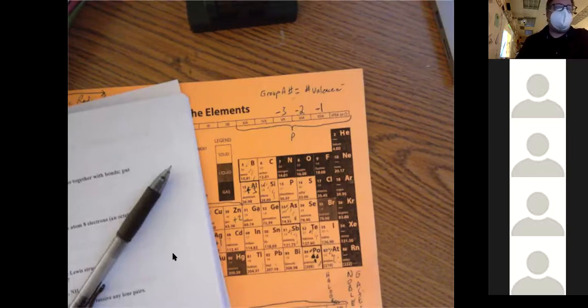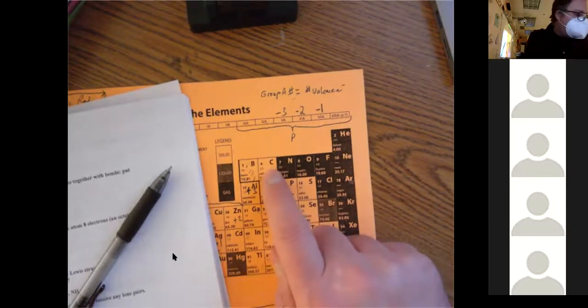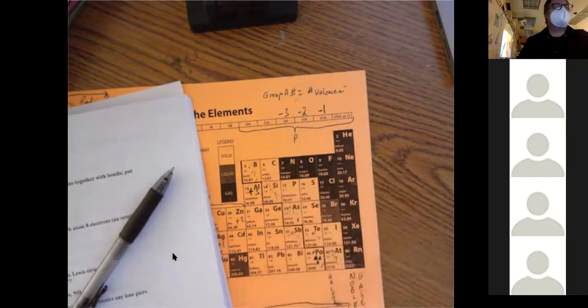Landon, how about you? Carbon. How many electrons does the carbon have? How many valence electrons does carbon have? What is this Roman numeral?